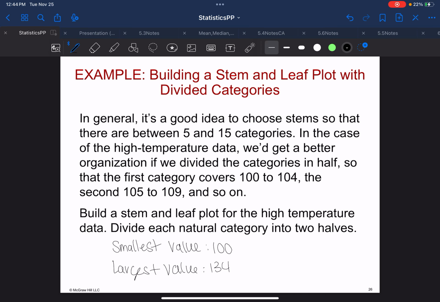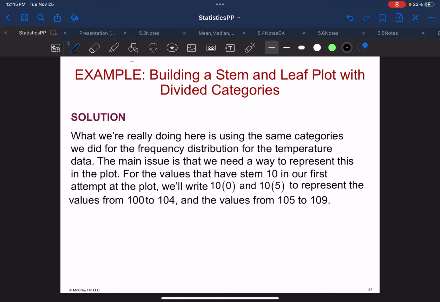So in the case of this high temperature data example, we'd get better organization if we divided the categories in half so that the first category covers 100 to 104, and the second covers 105 to 109, and so on. So we're going to build a stem and leaf plot for this data set and divide each natural category into 2 halves.